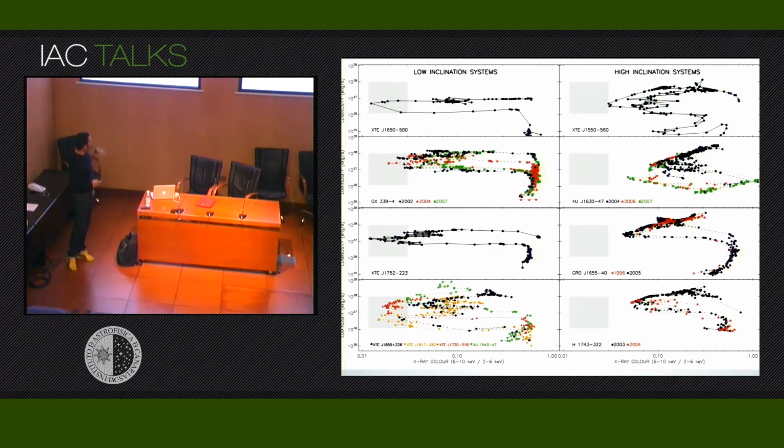So we tried to fit the whole population using higher absorption values, but the temperature remained higher for the high inclination sources.